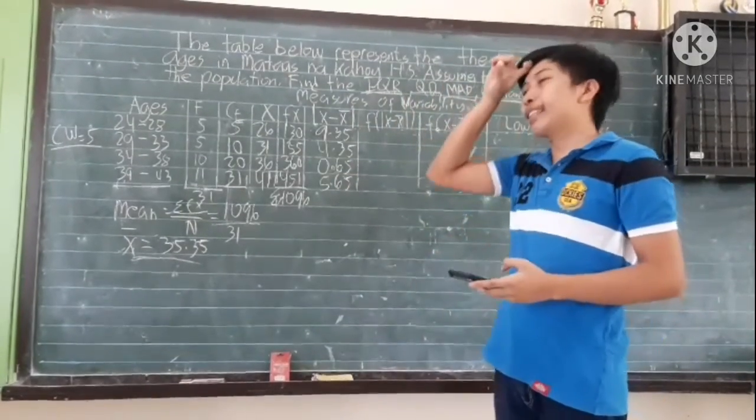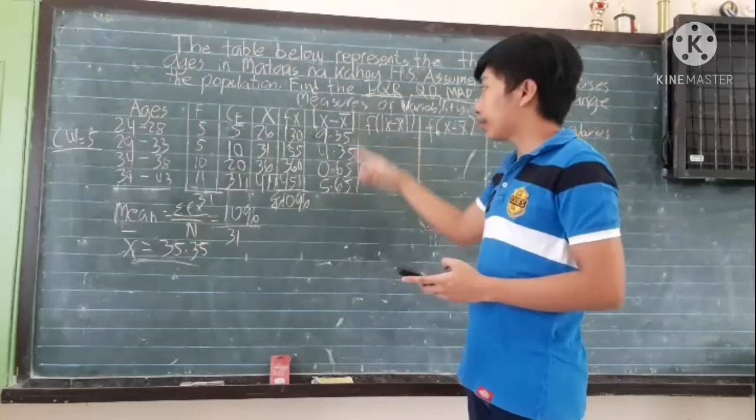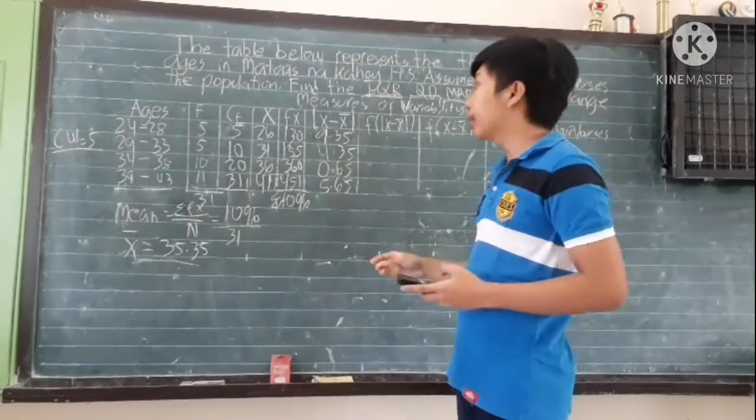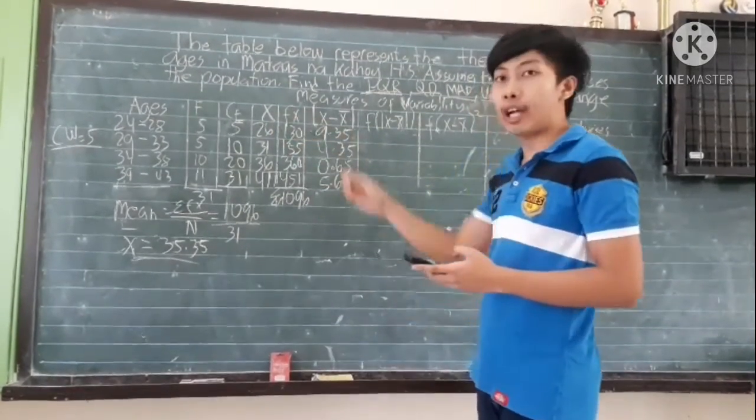So we need again to multiply this absolute value of x minus mean by our frequency, f.